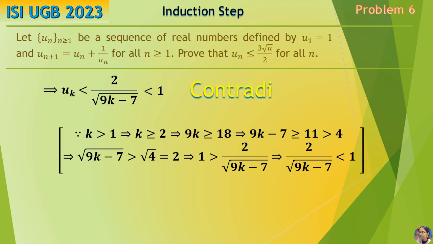And since uk greater than equal to 1, this is a contradiction. So uk less than square root of 9k plus 9 minus square root of 9k minus 7 upon 4 is not true.